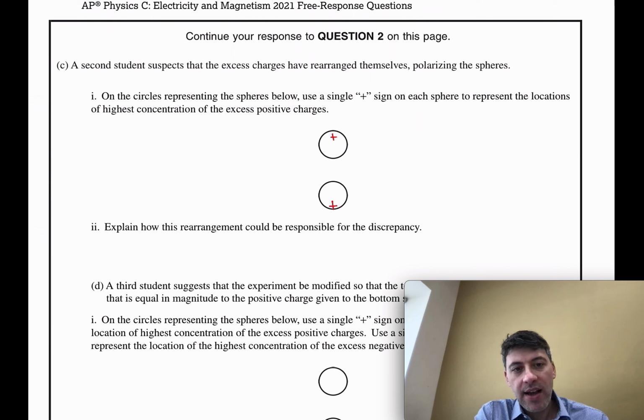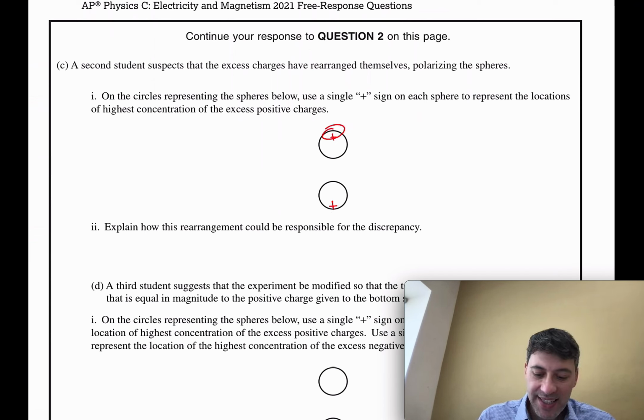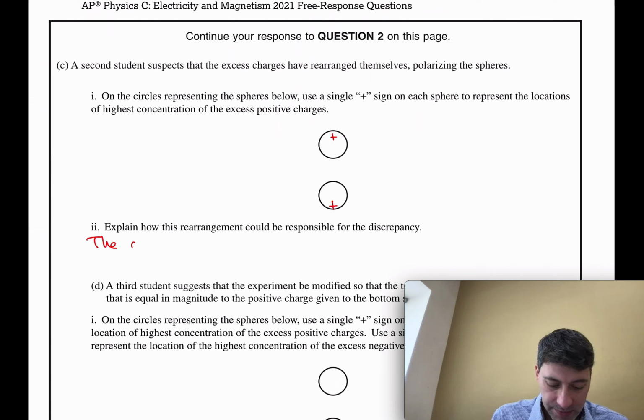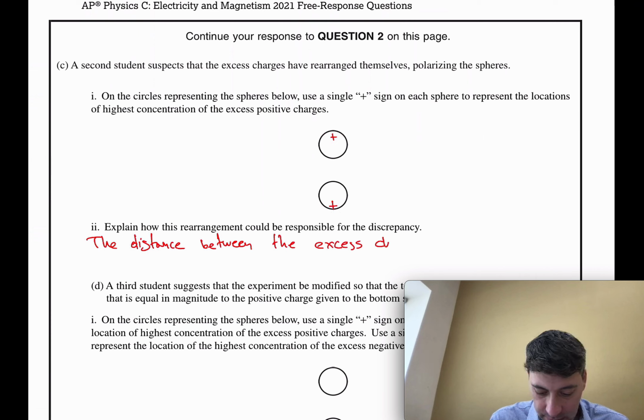So how could this rearrangement be responsible for the discrepancy? Well, since the charge is located not at the center, but at points on the top and below, the distance between the excess charge increases.